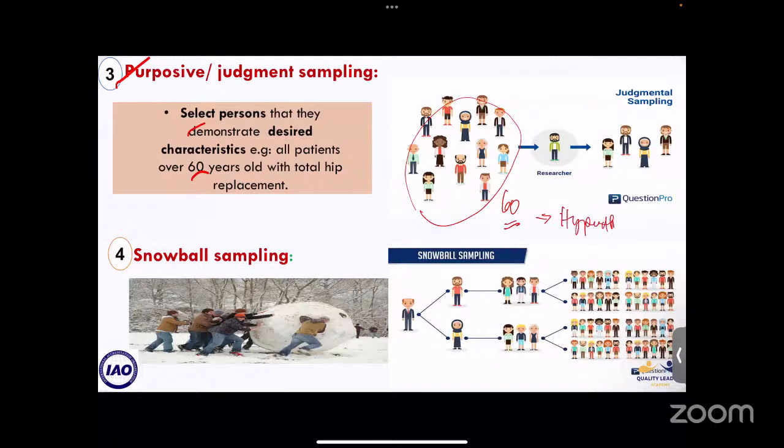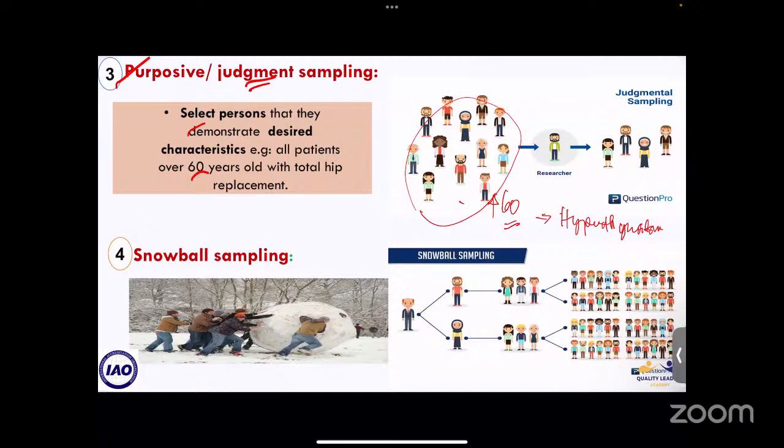This criterion doesn't apply to the entire population because your population is only individuals over 60 years old. However, when you say you want people over 60 who have had hyperthyroidism surgery, you have further narrowed the population or the sample. So this is sampling based on specific criteria that is called judgment.